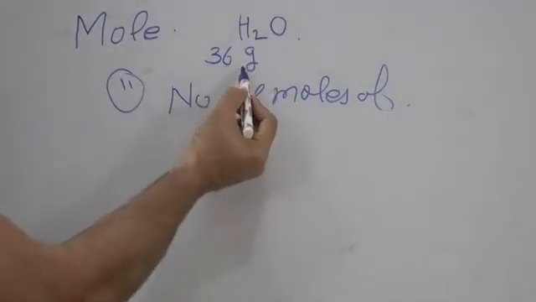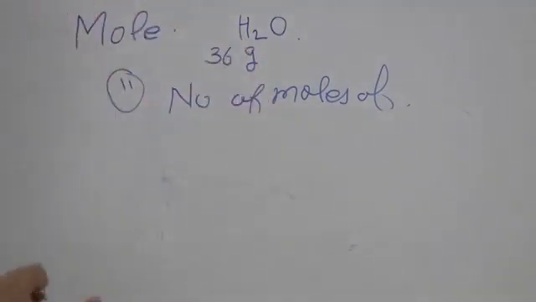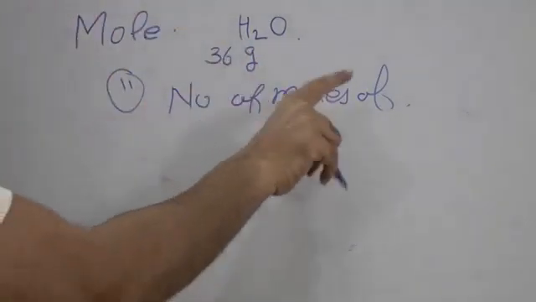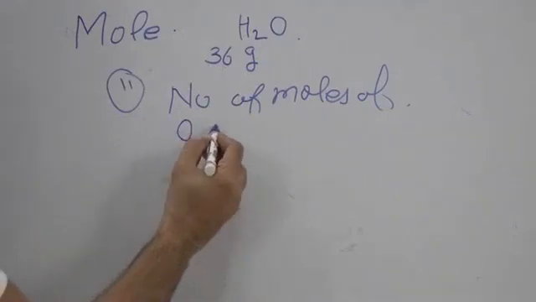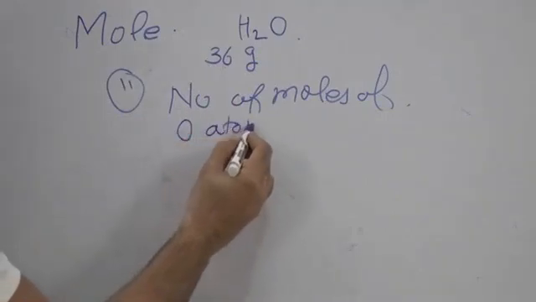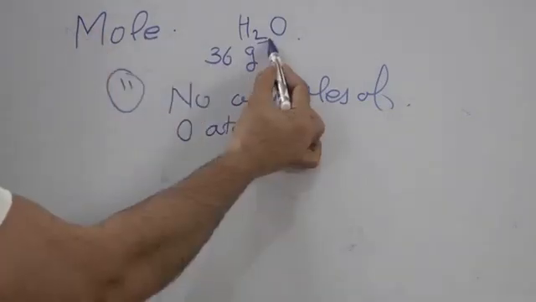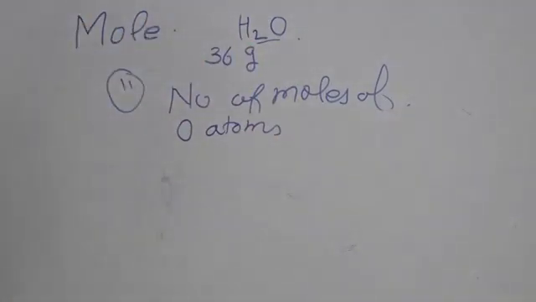Water is 36 gram. And now we have to find out the number of moles of oxygen atoms. One molecule of H2O contains how many atoms of oxygen? 1.